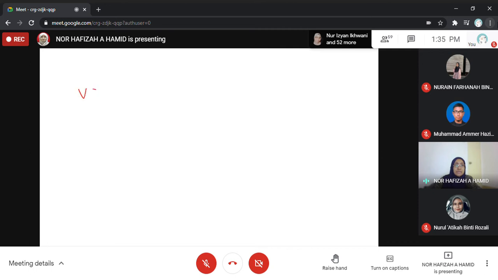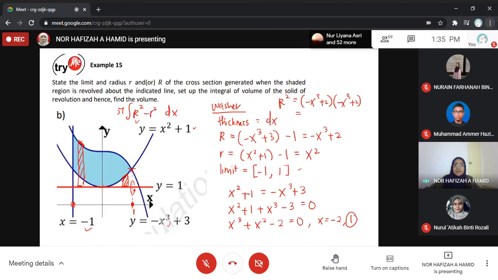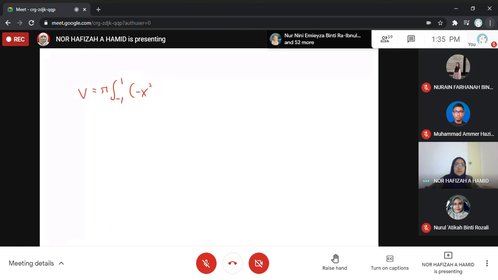You have V, the volume, so you have pi, negative 1 until 1. The formula is the outer radius first, negative x cube plus 2, which you need to square, minus the inner radius, x square, squared, then dx. So you expand the squares first.